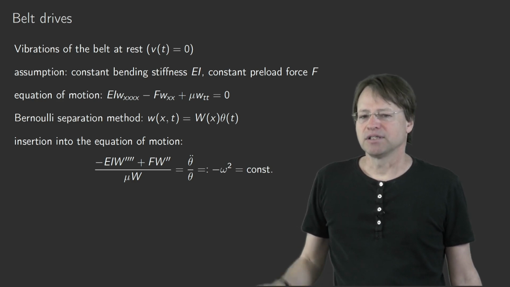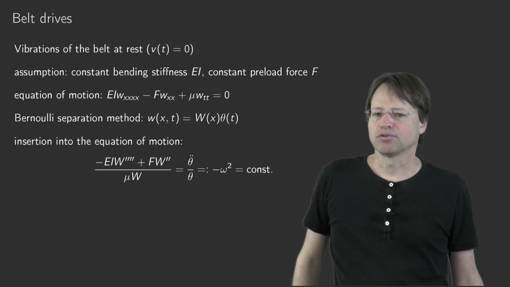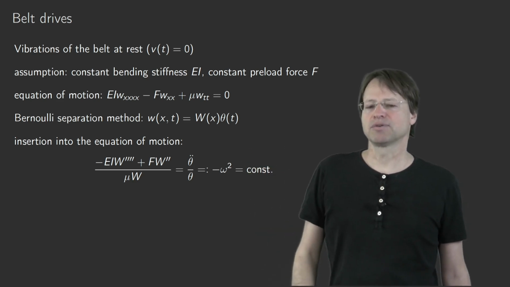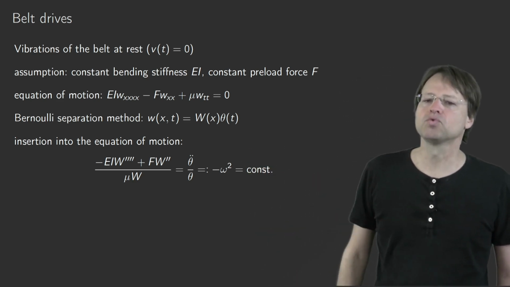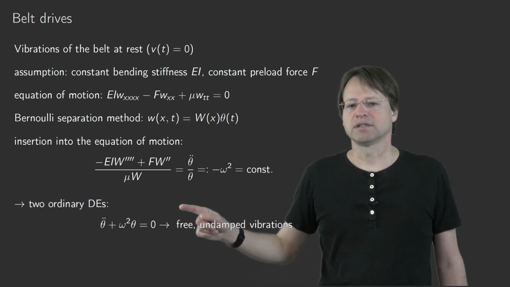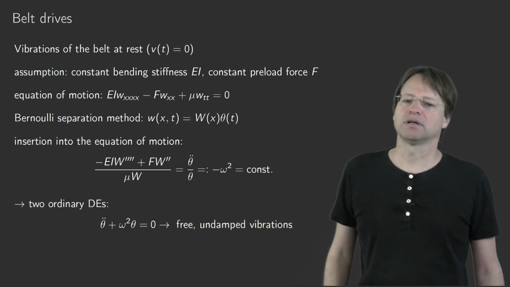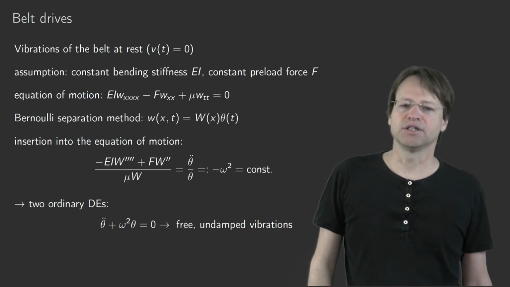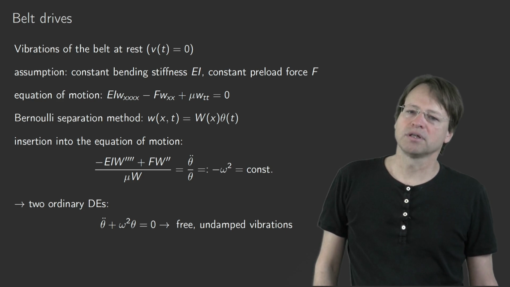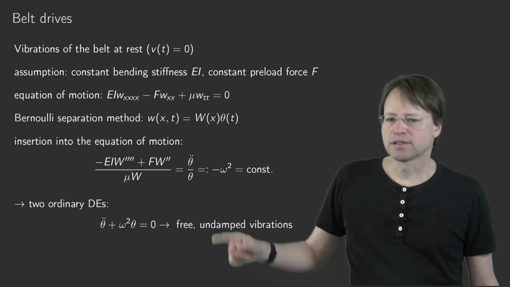So let me summarize. By first observing that it is a constant, and by putting that constant to minus omega squared, we arrive at the following two ordinary differential equations. The first one is the classical vibration equation for free undamped vibrations of single degree of freedom oscillators.